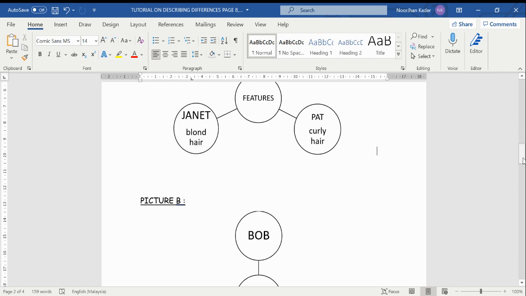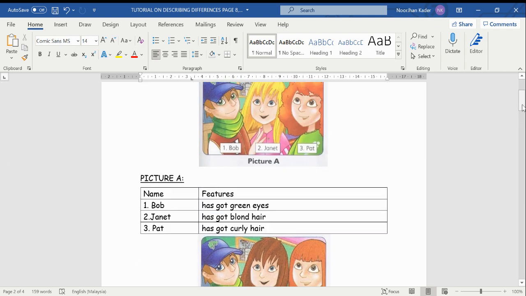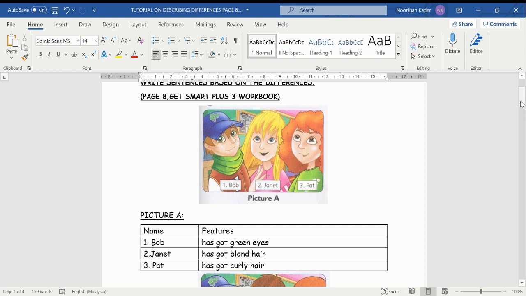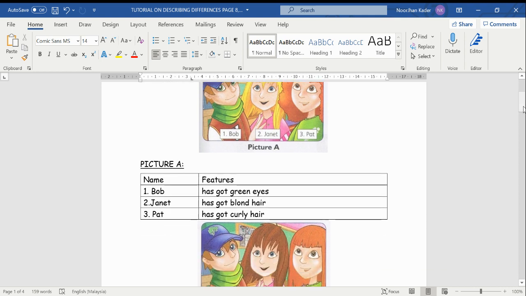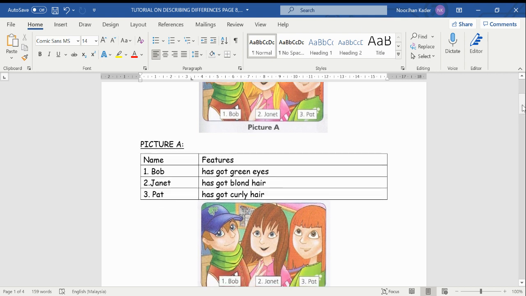Firstly, you derive the differences from looking at the pictures. Then after that, you convert the information from the picture to words or to names and phrases in the table.